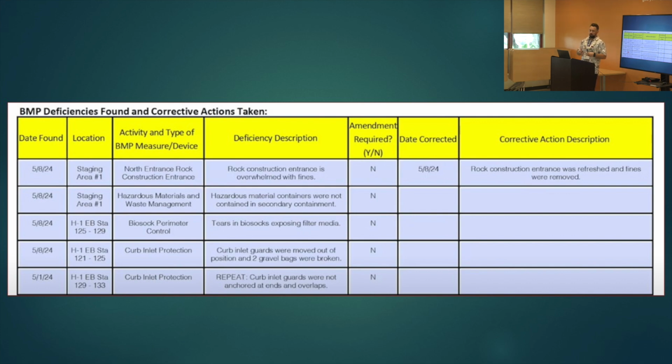So another thing that we're doing is if you didn't close a BMP deficiency before you did your next weekly, you would actually be pulling that data to this form as well, because you want to account for all BMP deficiencies, right? That's the whole point of this: we want to make sure all of them are captured. And in this case, because there was one that wasn't closed within the allotted time, you would also probably want to enter some information at the bottom of the form where there's a comment section, and you could jot in there the reasoning, right?